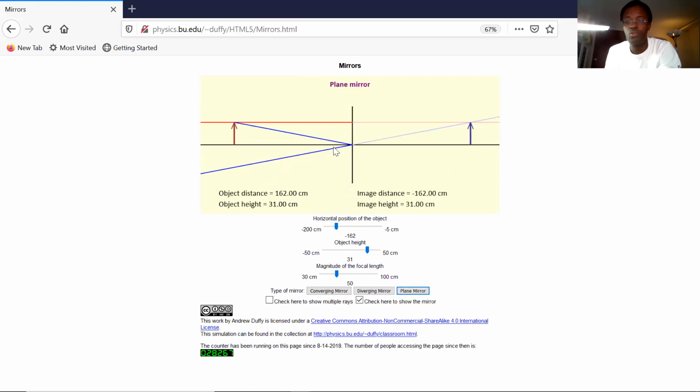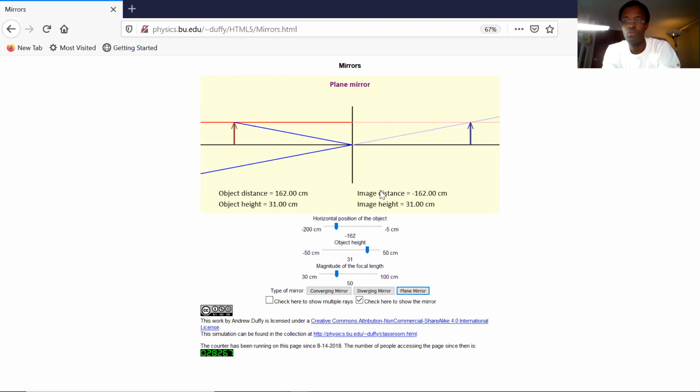the image was on the other side of the mirror when compared with the object. Okay, and that's what you see. When you look at yourself through a mirror, you see yourself on the other side of the mirror, right? The image that you see is called virtual.